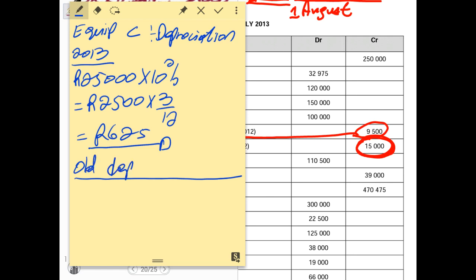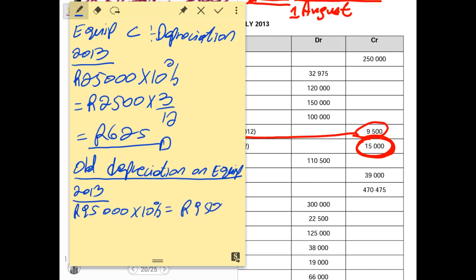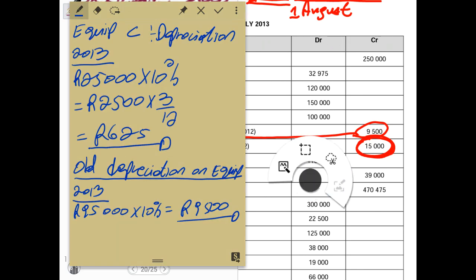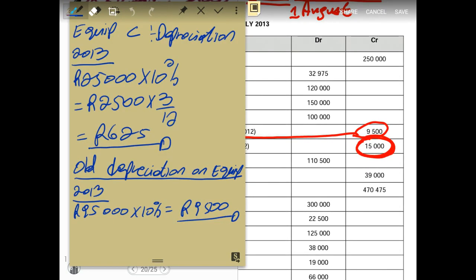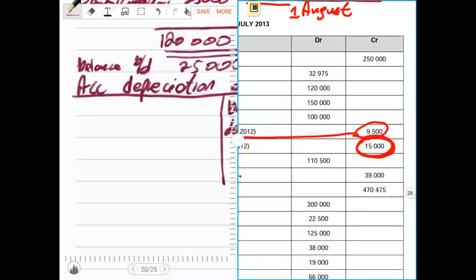Old depreciation on equipment for the year 2013. The cost of the old equipment is 95,000 rands. We multiply that by 10%, that will give us 9,500 rands. We know that this equipment was there until the end of the year. So if it was there until the end of the year, we don't have to count any number of months. It is just perfect for us to leave it at that stage.